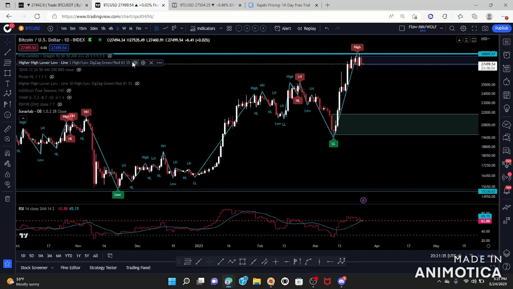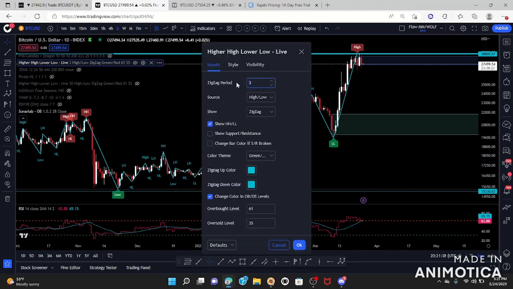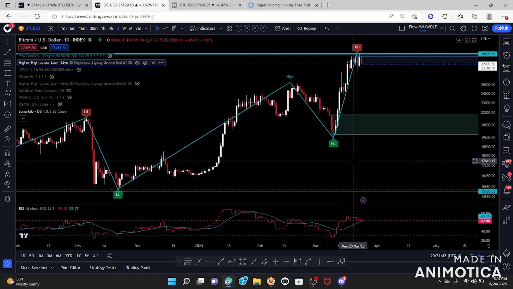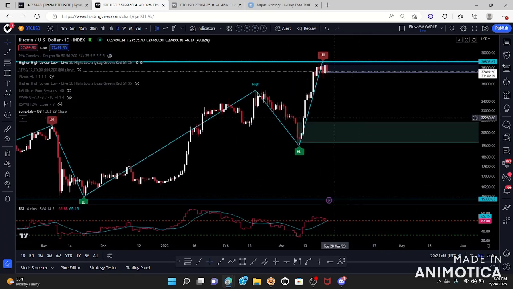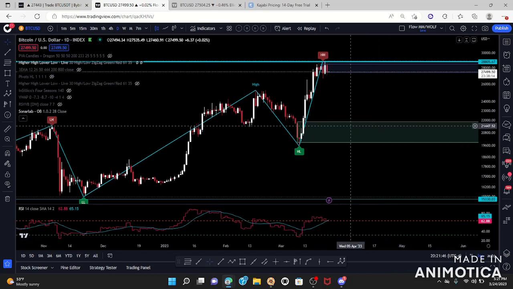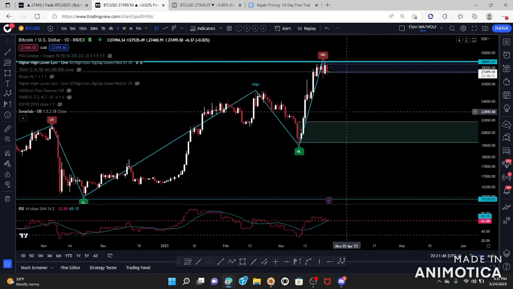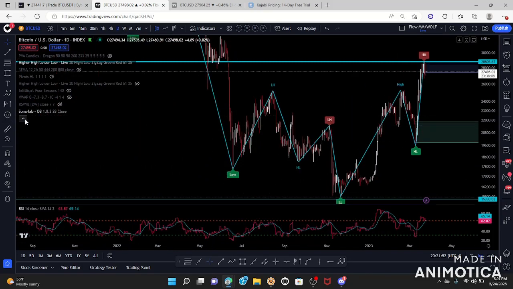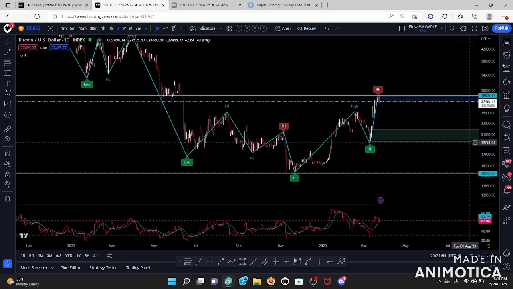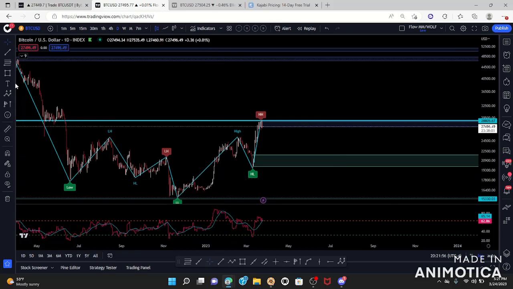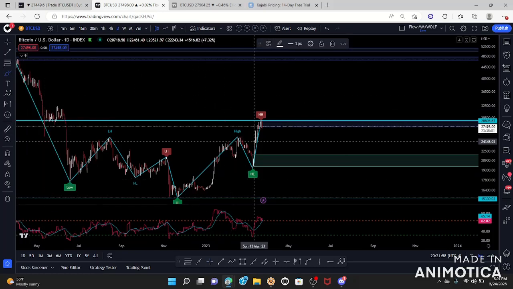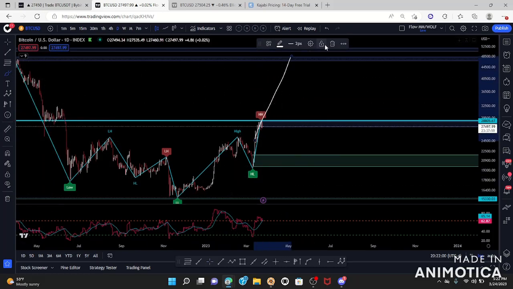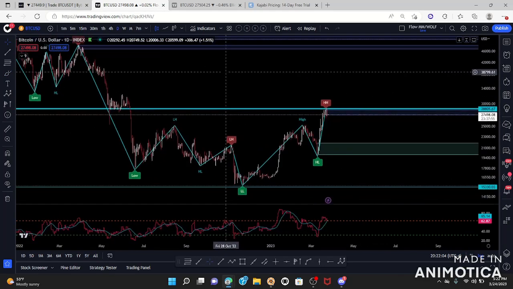Using highs and lows, you could also be conscious of the fact that, okay, we've printed a higher high. Guess what? We're gonna get a higher low minimum. It's just the way the charts move. So for you to expect that this movement is just gonna keep going up, it's a little ridiculous because the charts don't even move that way, right?